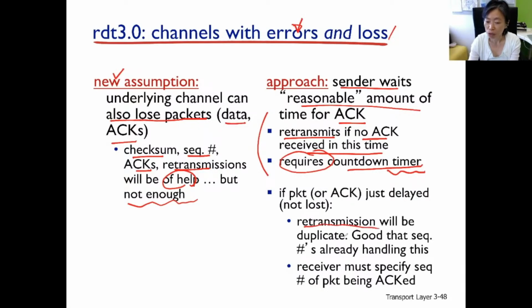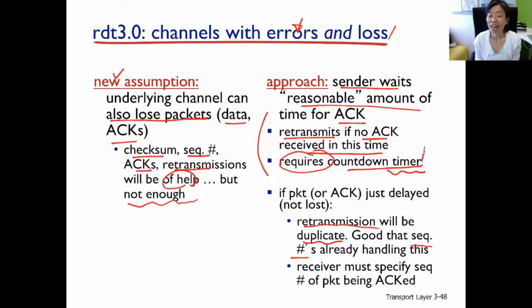Some of the retransmissions might be unnecessarily a duplicate. Just like when ACK is corrupted, the retransmission from the data sender in 2.1 is also unnecessary. But it's okay. We already have the mechanism right there, which is the sequence number. That's going to address the duplicate issue. So no worry, even though if we didn't set the timer quite right. It's just that there'll be a lot more unnecessary retransmission if the countdown timer is too short.